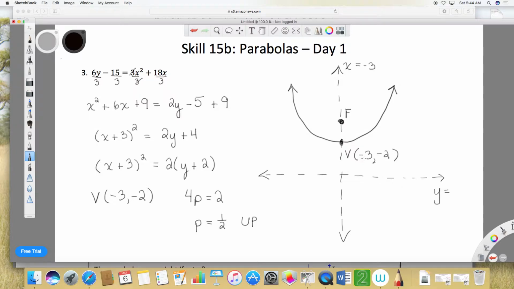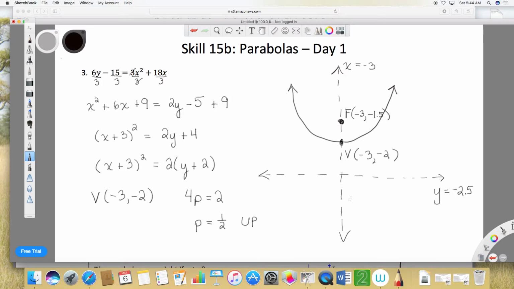Left and right is controlled by the x variable. So I'm a half a unit up. So if I take -2 and add 1/2, I'll be at -1.5. And if I go half a unit down from this vertex, I'll be at the directrix. -2 minus 1/2 is -2.5.